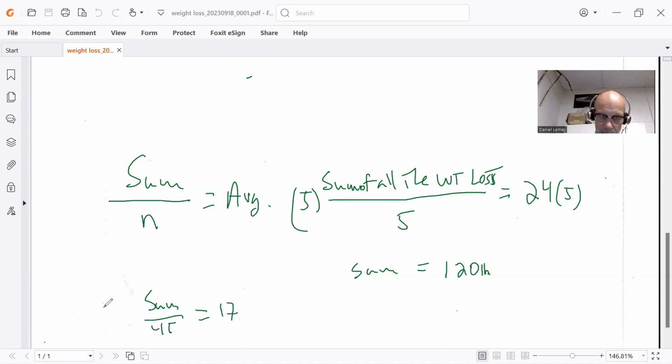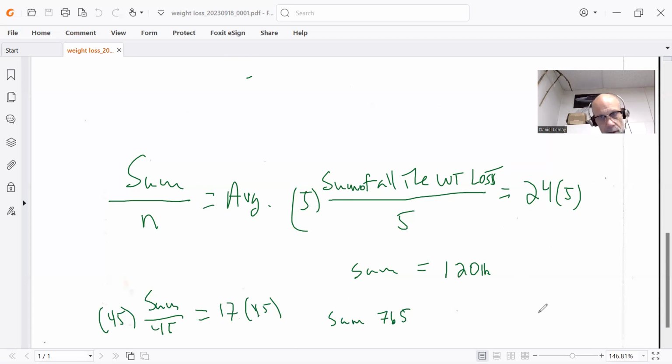So if I multiply both sides of this equation by 45 to solve for the sum, 17 times 45 is 765. So all those moderately obese people, all together, they lost 765 pounds.